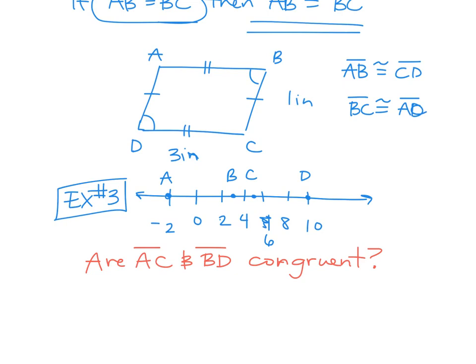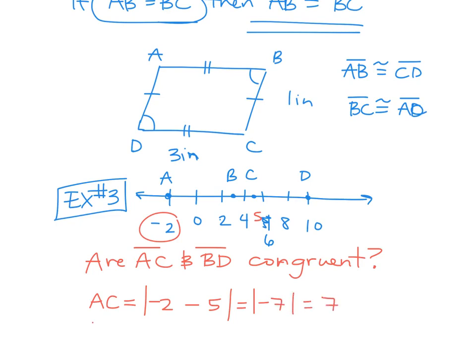So A is at -2. So if I want to find the length of AC, I'm going to take the absolute value of their difference, right? So A is at -2. And then I'm going to subtract. C is at 5, right? Because it's between 4 and 6. So the absolute value of -2 minus 5, what is that? 7. You get the absolute value of -7, which is 7.